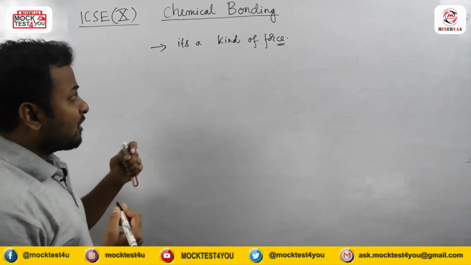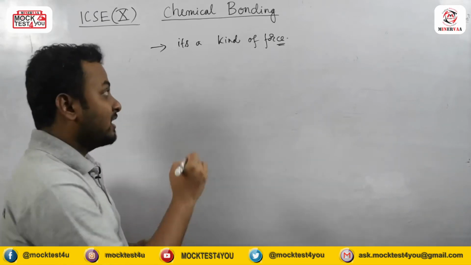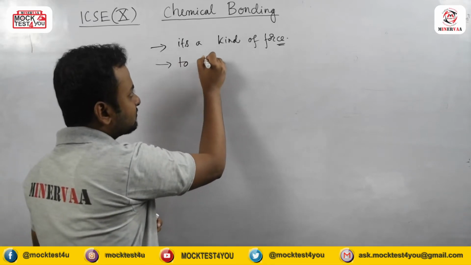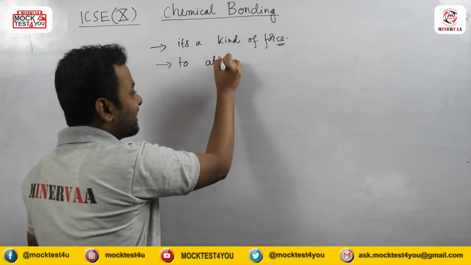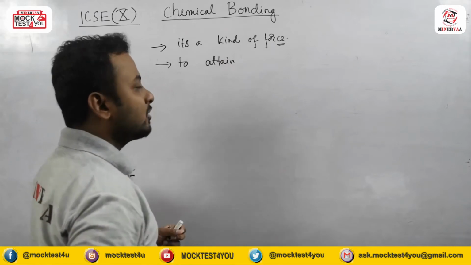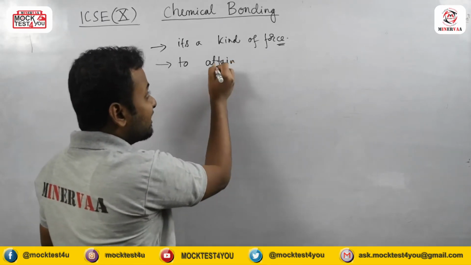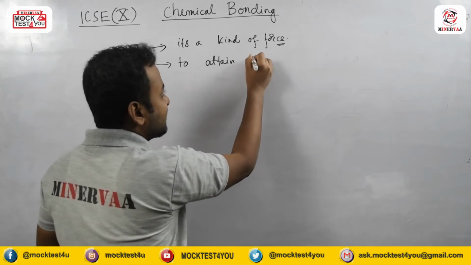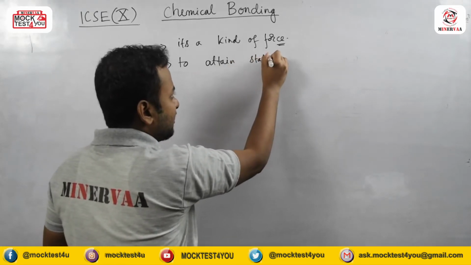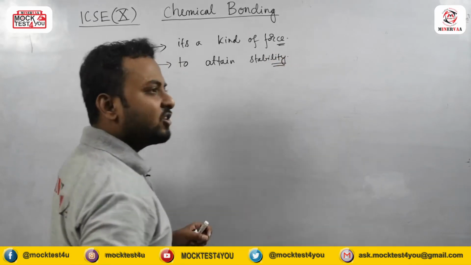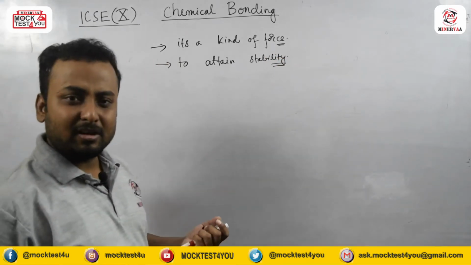So what is the driving force behind bonding? To attain stability. Simple. We all want to attain stability in our life. We want a good future, we want a good house, all these kinds of things. Even atoms want to attain stability. A question can arise in your mind that atoms are unstable, right?